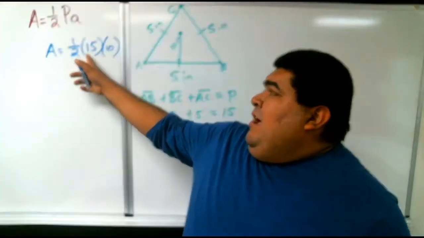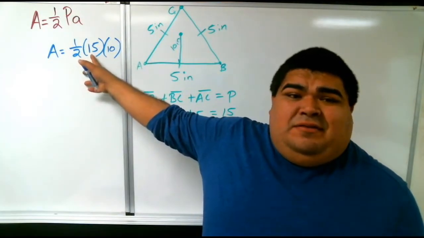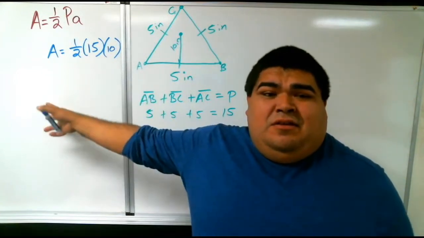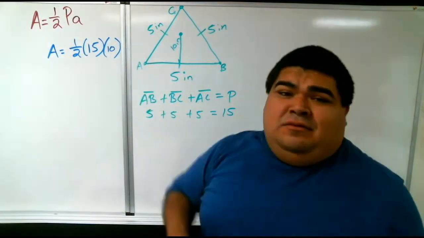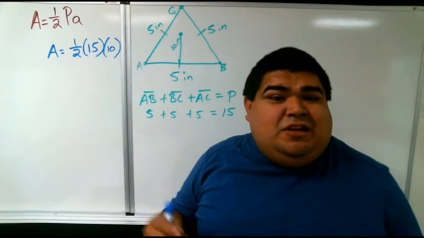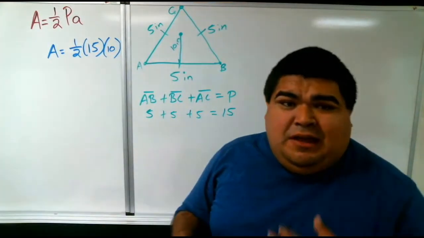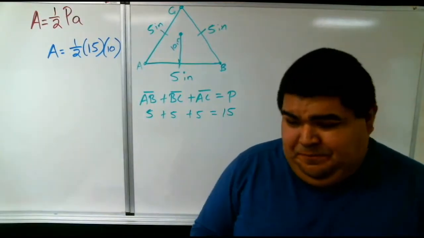We can either cut the 15 in half, or we could do 15 times 10 and then cut it in half, or half times 5 or 10. So we can do different ways. I like to do it a very simple way.